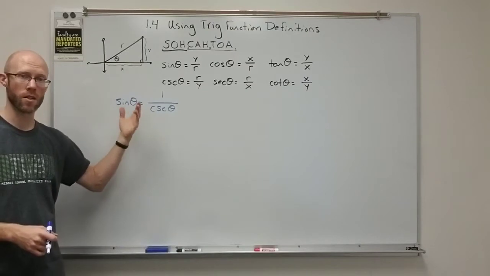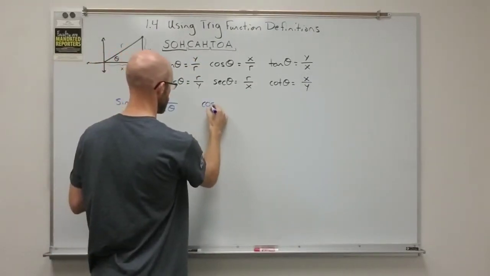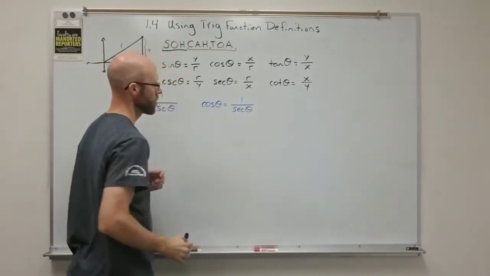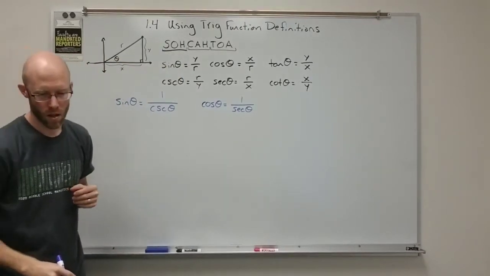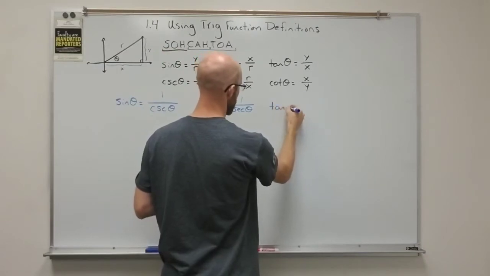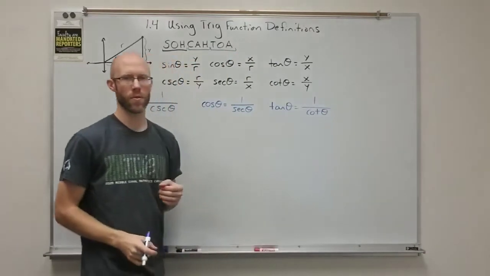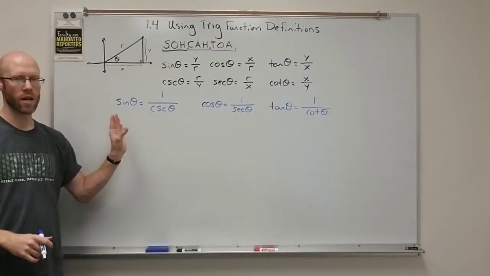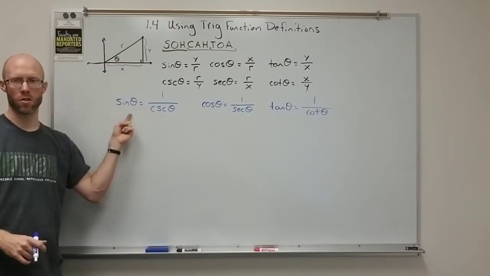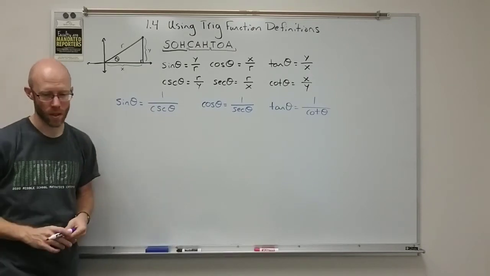You could say the cosecant is 1 over the sine. In a similar way, the cosine of theta is 1 over the secant of theta. Okay. And we have the tangent of theta is 1 over the cotangent of theta, okay? So again, we call these identities because they identify two different expressions of trig functions as identically equal to each other, okay?